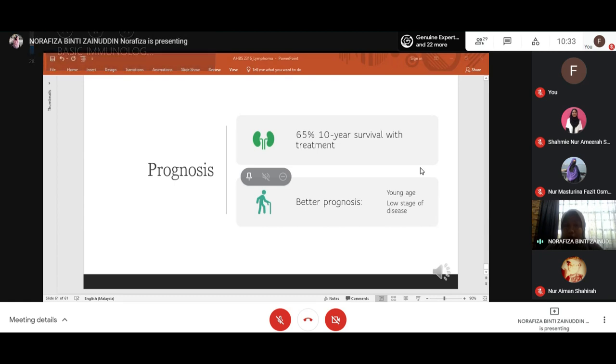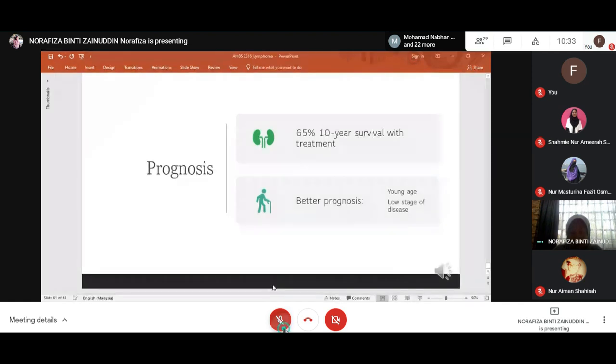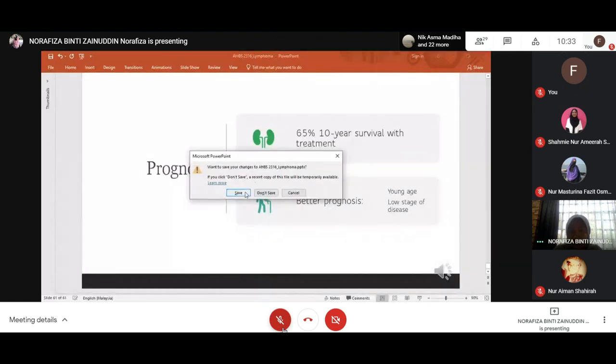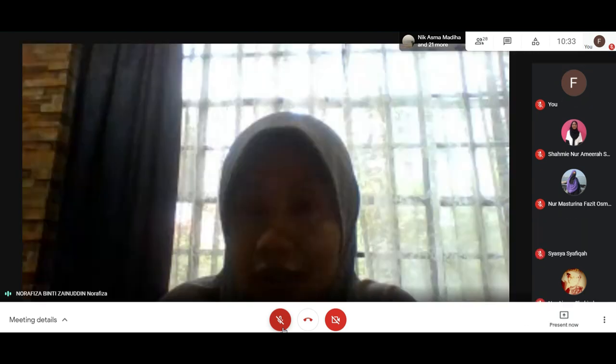Because I can see only 29 here. I don't know. You said that there are 40 of you. Why kenapa hanya 29 kat sini? Dah bagi tahu tentang ni kan? Dah tahu tentang apa ni lecture kan?